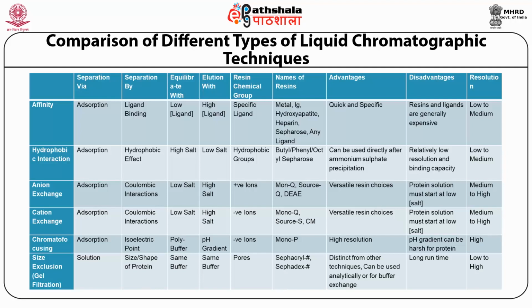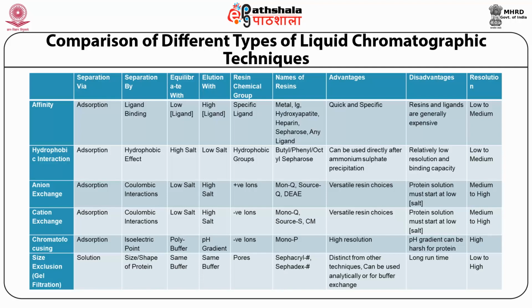In the case of anion exchange and cation exchange chromatography, coulombic interactions between the ion exchangers present on the column and the proteins present in the mixture are responsible for separation. In case of chromatofocusing, the separation is on the basis of isoelectric point. And as discussed earlier, the separation in case of gel filtration chromatography is on the basis of size of the protein.